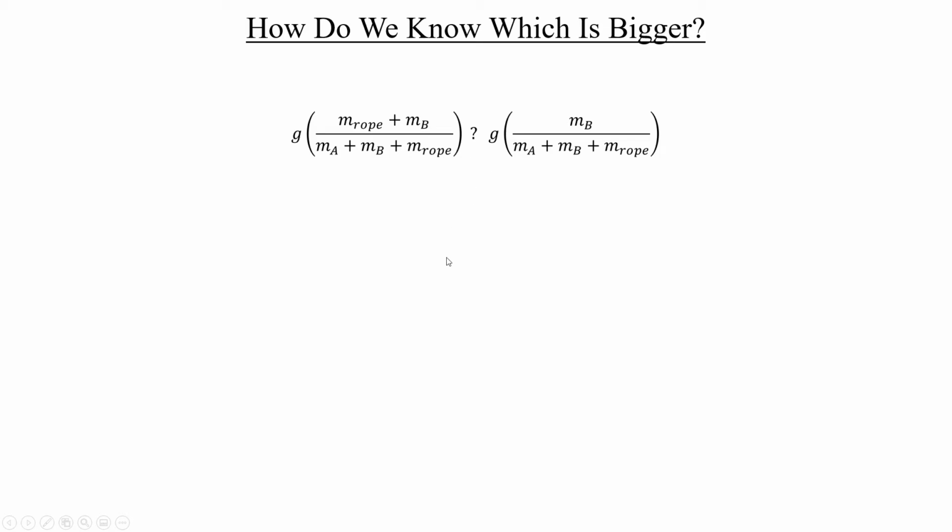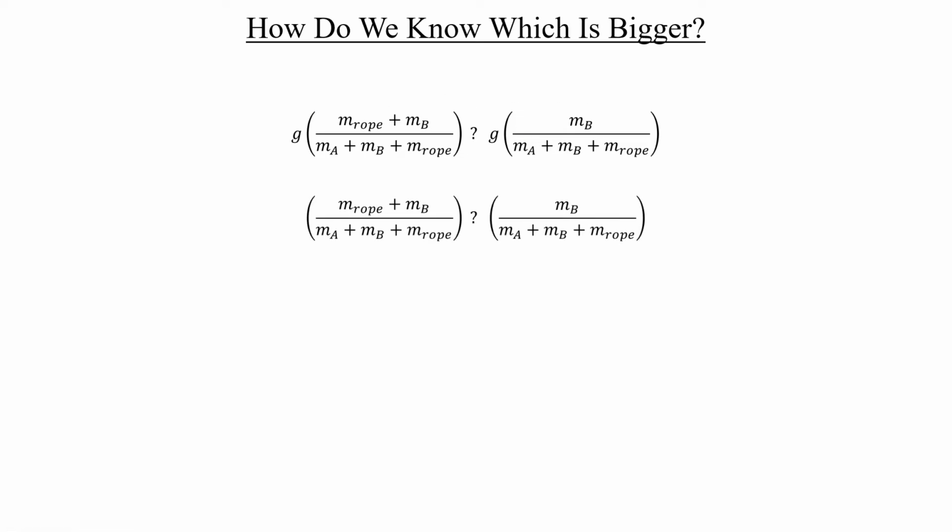So speaking of algebra, the first step is to get rid of g on both sides. We'll divide g out, which looks like this. Since there's nothing on the outside of the parentheses anymore, there's no reason to keep them. So here's our next step. And since the denominator is the same on both sides, we could multiply both sides by that denominator and just eliminate it entirely.